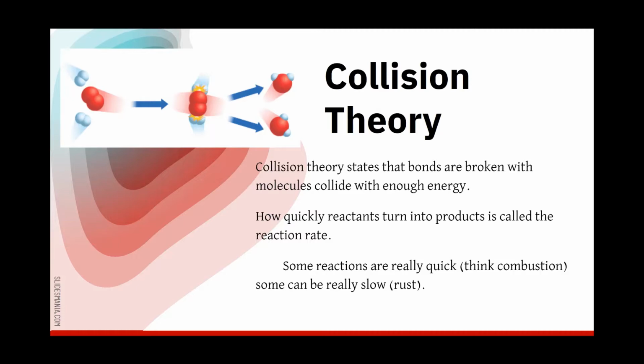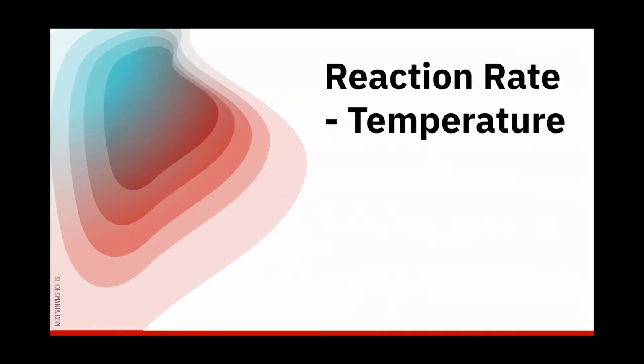So I like to think of this idea as something that's rusting. If you leave something out, rust takes time to form. It is a slower reaction. It doesn't happen that quickly. So collision theory states that molecules must collide with enough energy to break those bonds. And then the rate of the reaction is how quickly the reaction occurs.